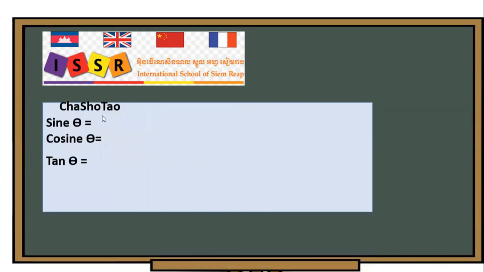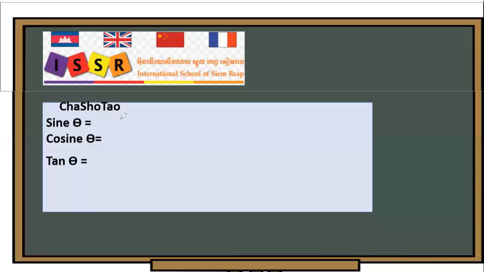We are aware that whenever you want to find the sine of an angle, sine is opposite over hypotenuse and cosine is adjacent over hypotenuse. Then the tangent is opposite over adjacent. When I was at school, my teacher taught me this acronym, which I still remember today, cha, sho, ta, o.